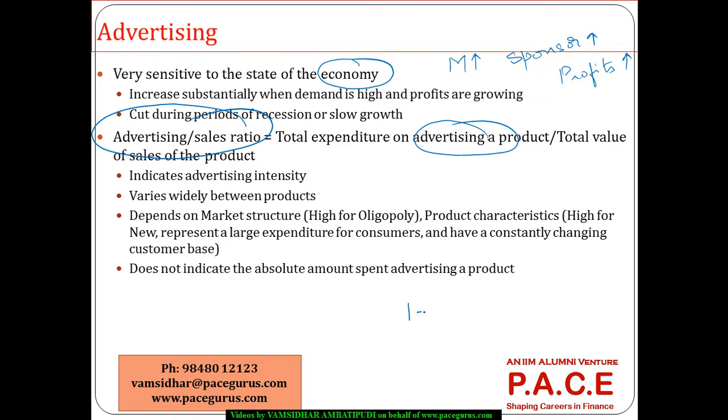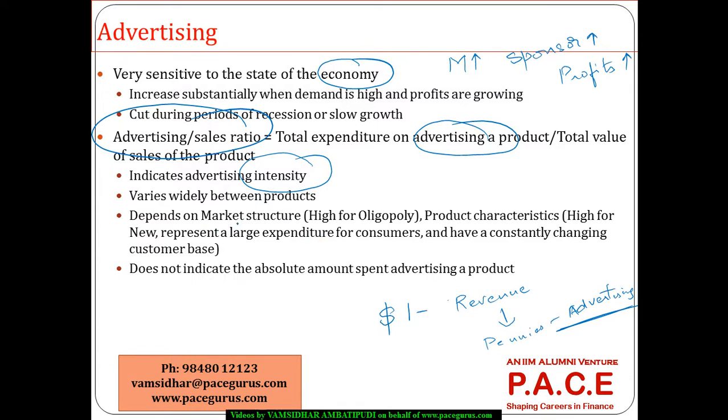So for every $1 of the revenue that the company has got on selling its products, how many pennies have been spent on the advertising? The higher it is, probably it may not be beneficial for the customer, because at the end of the day that expense is also going as a part of the pricing of the product. So this ratio will talk about to what extent the company is focusing more on advertising. Probably between the products, between the industries, this differs completely.